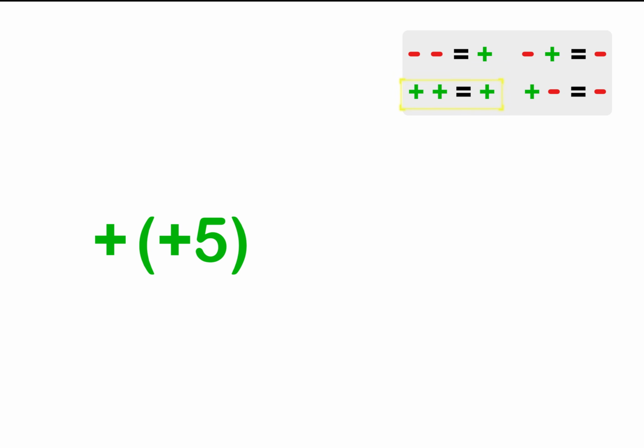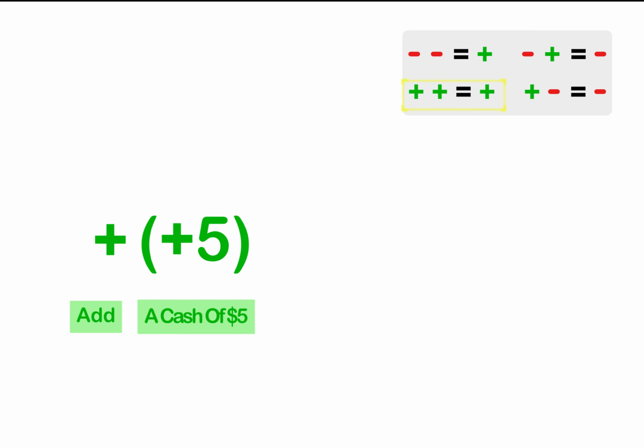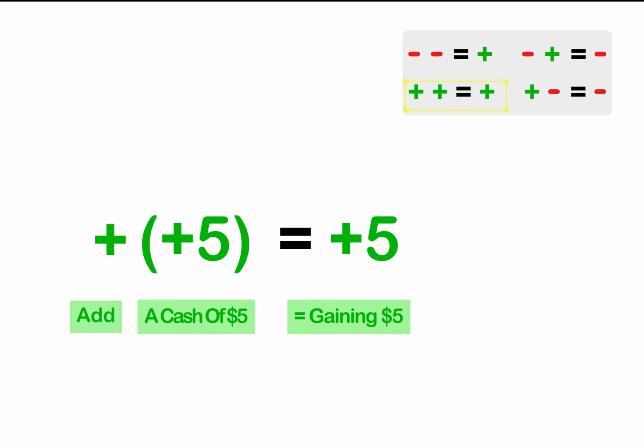So we have our example plus plus 5, which means the first plus means add, followed by what to add, which is a cash of $5. So that means add a cash of $5. Adding a cash of $5 is gaining $5. So plus plus 5 is equal to plus 5.